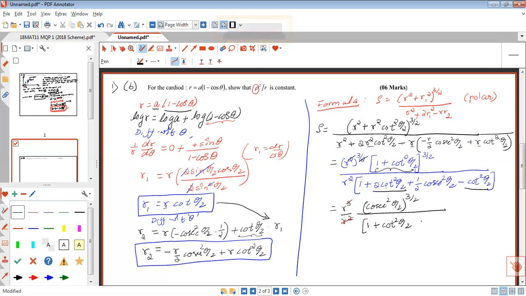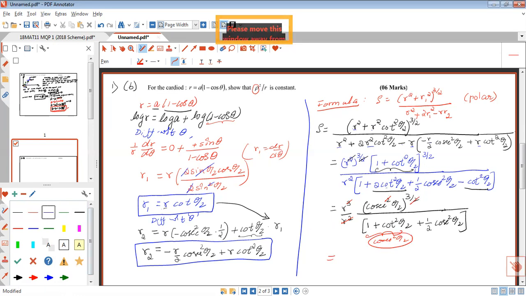Adding the second and fourth term, plus 1 by 2 times cosecant square theta by 2 as the third term, right? So further square and square root cancel here, and again 1 plus cot square theta by 2 is cosecant square theta by 2, right? Cosecant square theta by 2 is the term 1 plus cot square theta by 2.